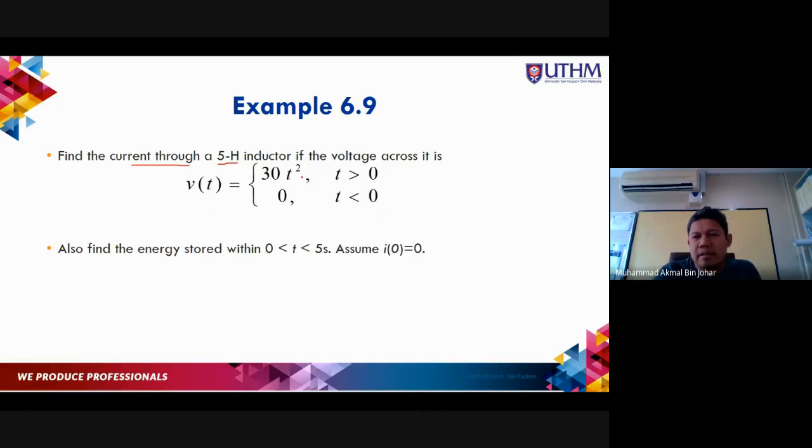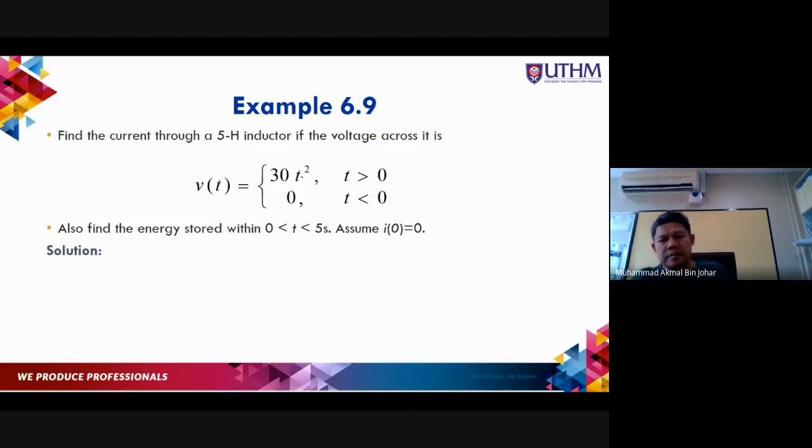Can somebody start calculating that? We have L equal to 5 Henry here.